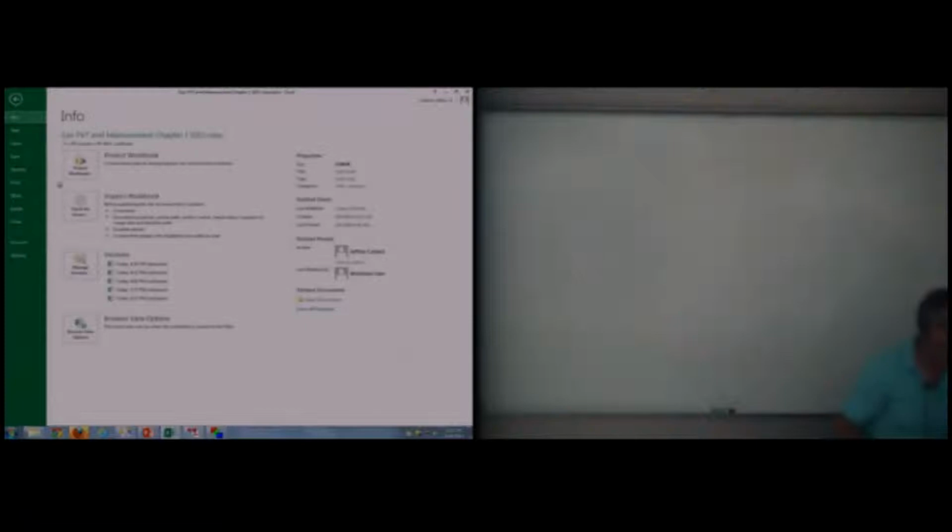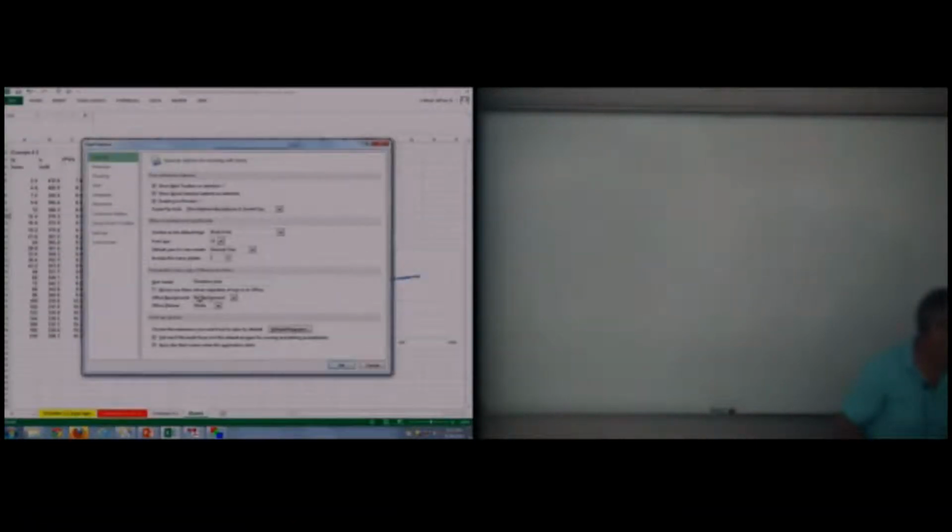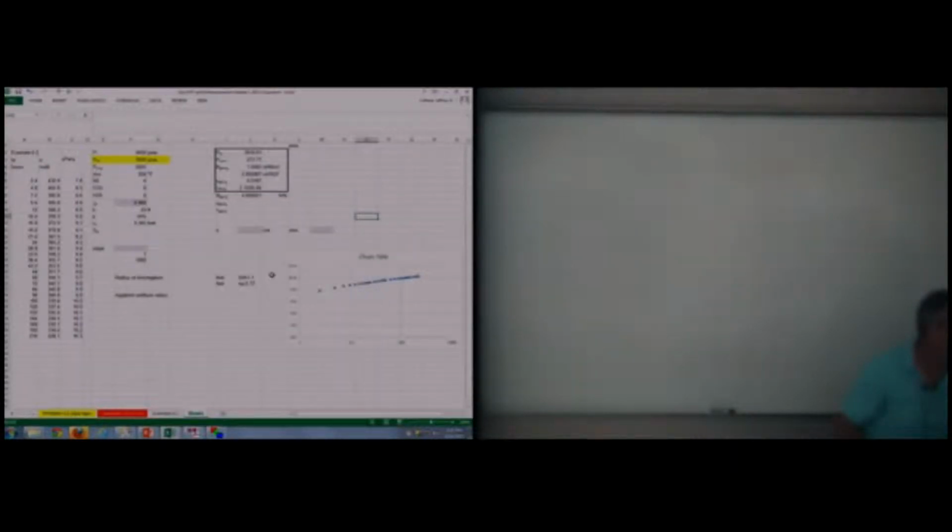Solver. Go. I don't think it took it. What happened here? Click Go instead of OK.